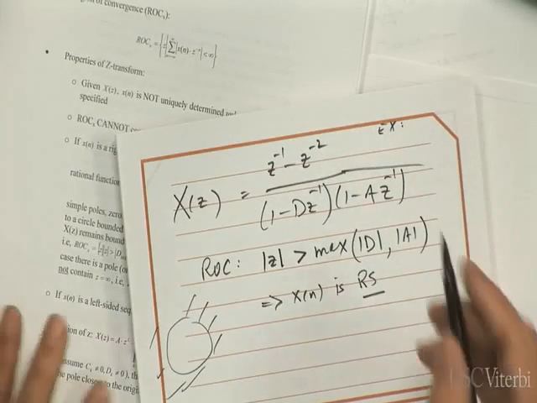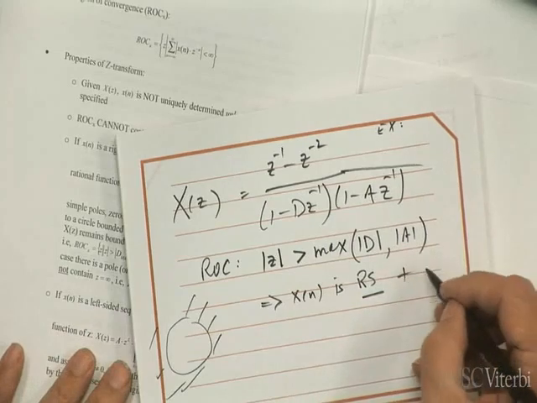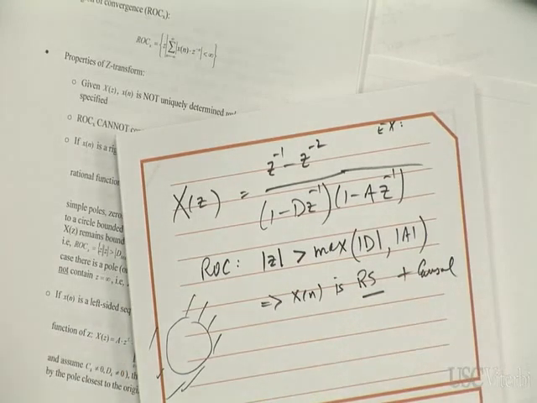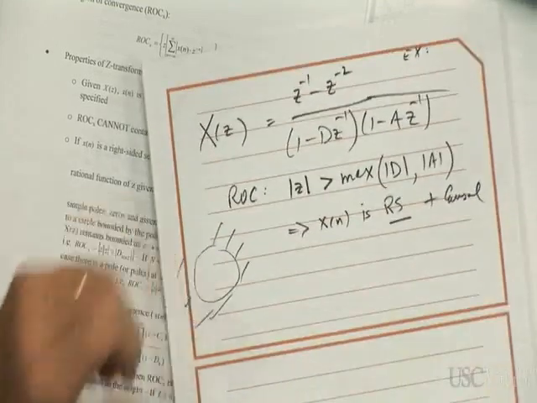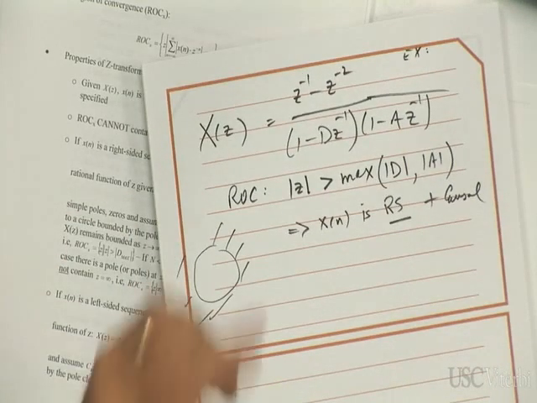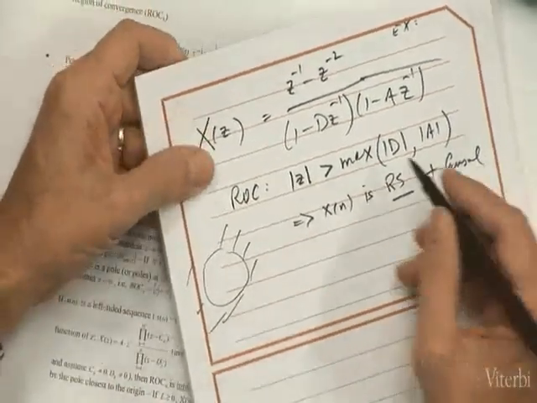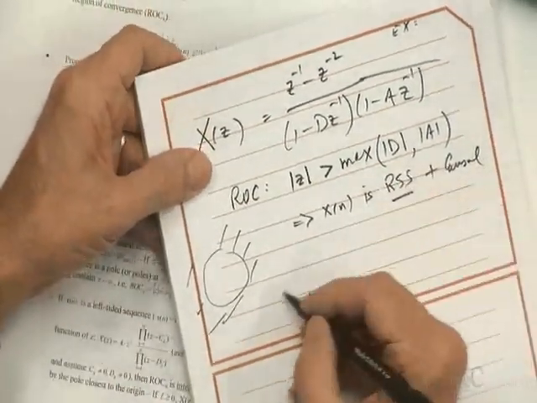So I can go even further and say it's causal. So when I evaluate my inverse Z transform, it had better be right-sided and causal. Let's see how this works.